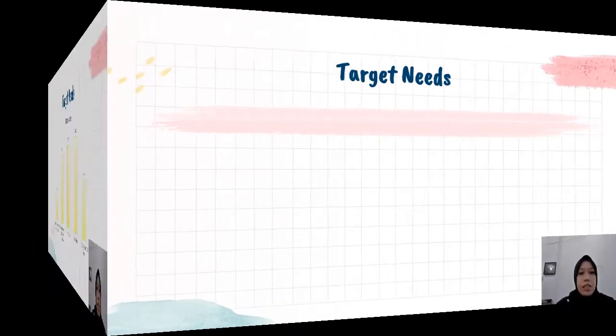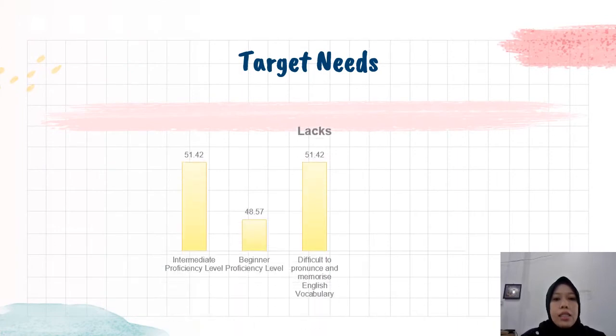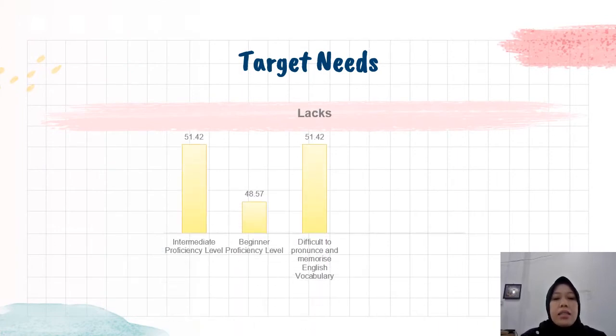The next was lacks. The students think that they need intermediate proficiency level when learning English, and minimally they have beginner level proficiency, such as being able to compose a simple sentence.